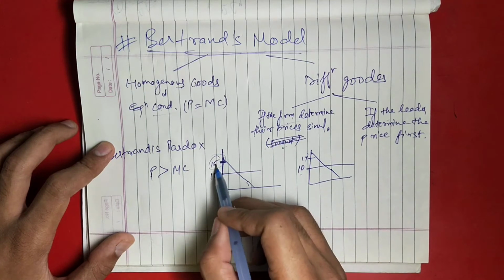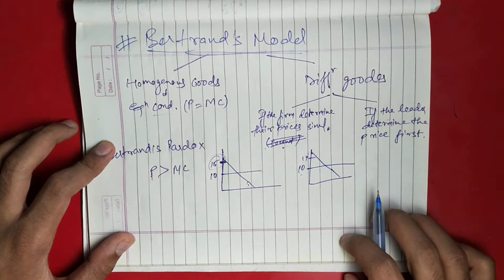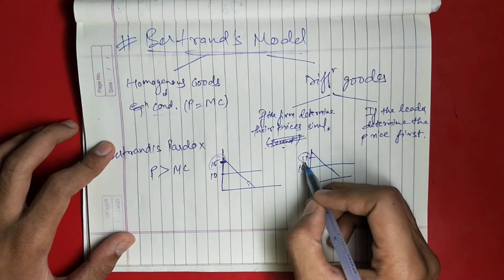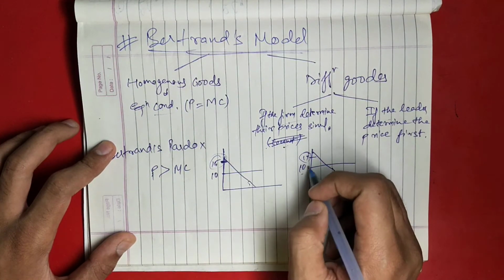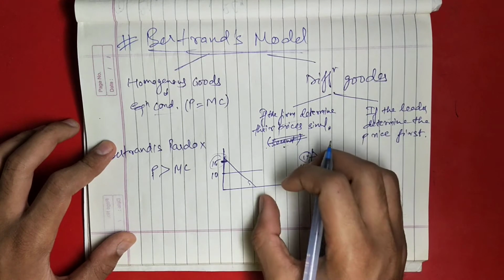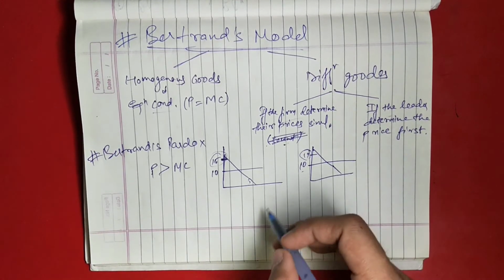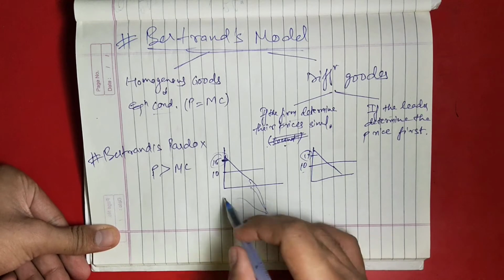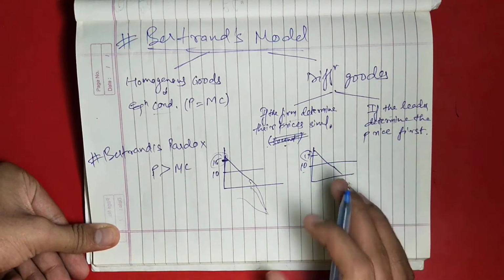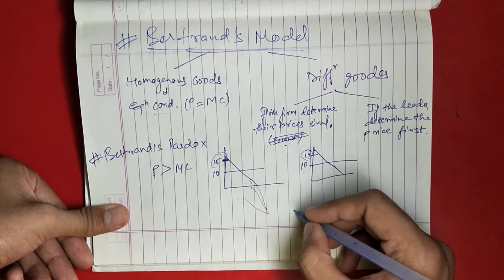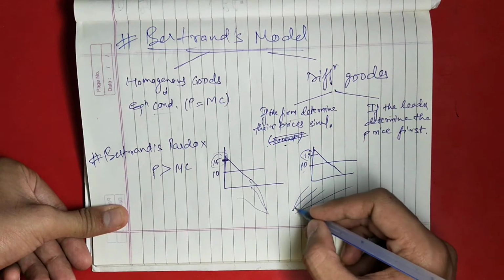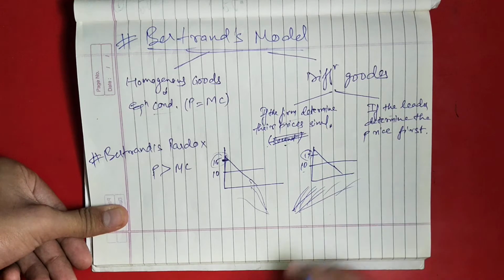If he does this, the rival firm can just decrease the price marginally, like reducing by rupees 1, and capture the entire market. Since the product is homogeneous, they will go to the one who has cheaper prices.